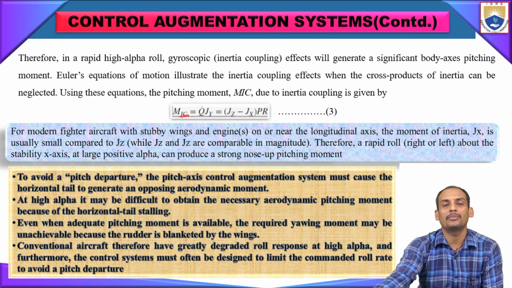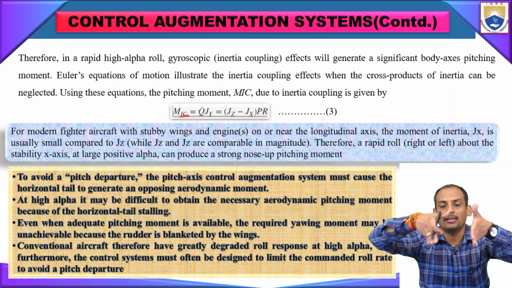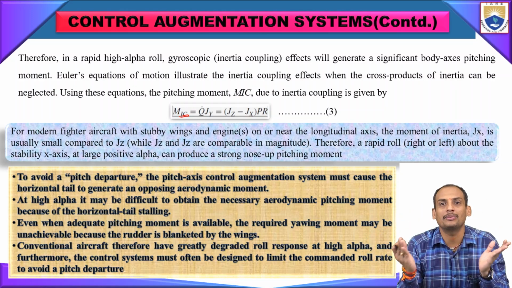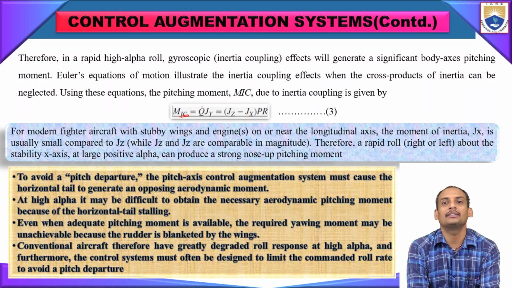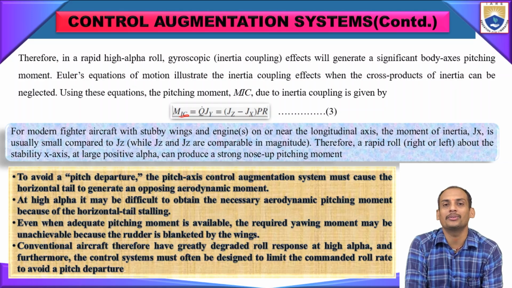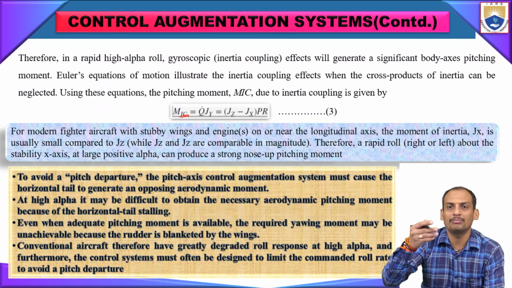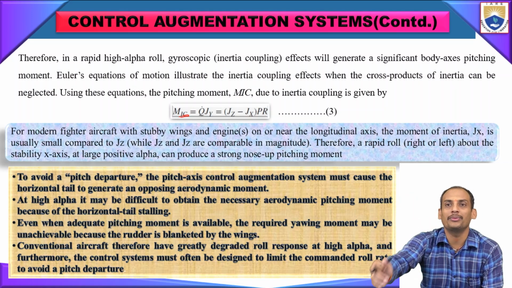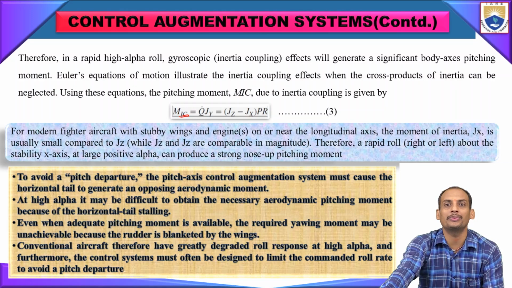So for any modern fighter aircraft with stubby wings, meaning delta and swept delta wings, and engines that are near the longitudinal axis, because in every fighter aircraft you have seen the engine is installed in the fuselage itself, the moment of inertia JX will be small compared with JZ.